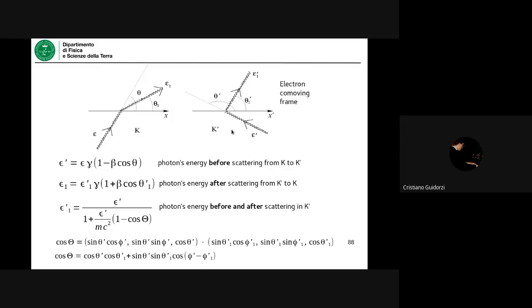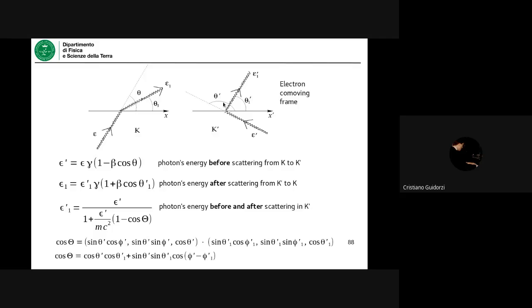And indeed, if you are in the very special case that this vector lies on the very same plane, then the two azimuthal angles are equal, so this term is just 1. You see that cos times cos plus sine times sine is the cos of the difference between the two angles. And the difference theta prime minus theta 1 prime is indeed this case.